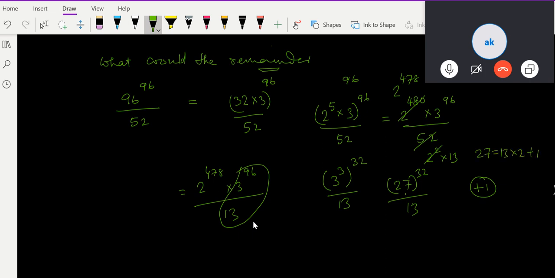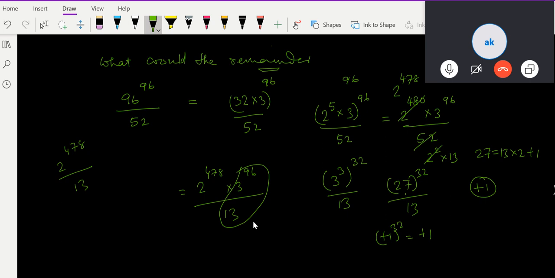So this would be plus 1 to the power 32, which is plus 1. So this part is done. So I am left with 2 to the power 478 by 13.